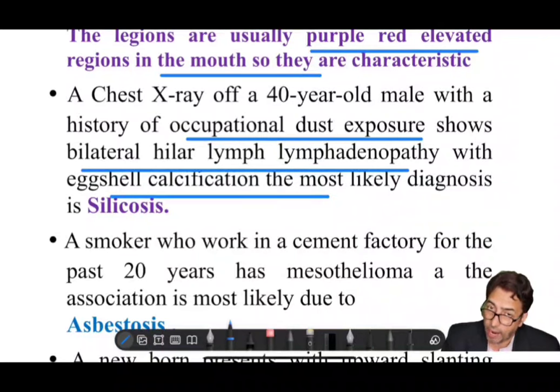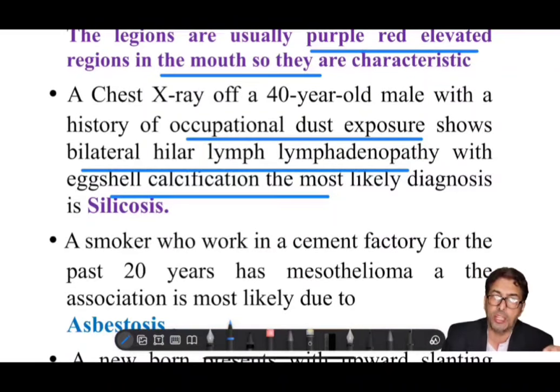But you have to remember the characteristic eggshell calcification in a person working in an industry for a long period of time, with maybe bilateral hilar lymphadenopathy. Bilateral hilar lymphadenopathy is a characteristic feature of sarcoidosis, in which we have non-caseating granulomas, but here there's a history of occupational dust exposure, and there is eggshell calcification.